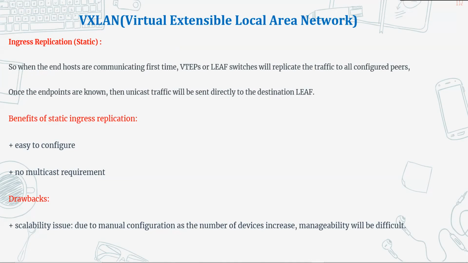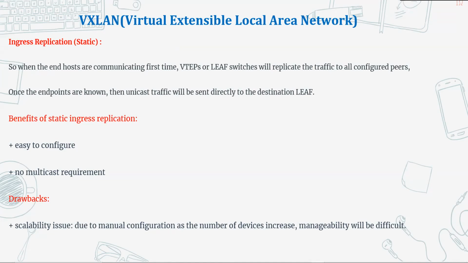So once the leaf switch receives the BUM traffic, it needs to decide where to send this particular traffic. For that, we will use the ingress replication method. The first one that we are going to discuss today is the static ingress replication. Once the ARP process is completed, the leaf switches or VTEPs receive unicast traffic.